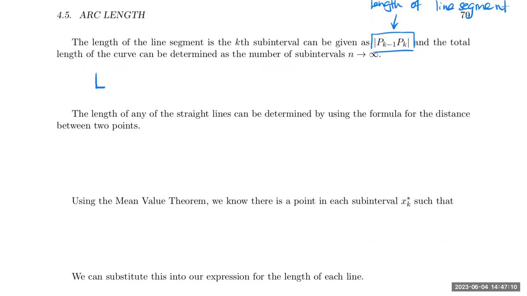So if we have L as the length of the curve, this could be written as the limit as n approaches infinity of the sum from i equals 1 to n of the length between P(i-1) and Pi. So it's the length between each of the points here.